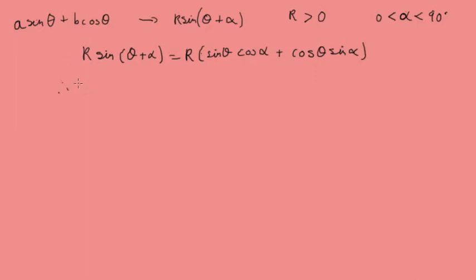Therefore, a sine theta plus b cosine theta equals r sine theta cosine alpha plus r cosine theta sine alpha. Now what we can do is just equate coefficients.